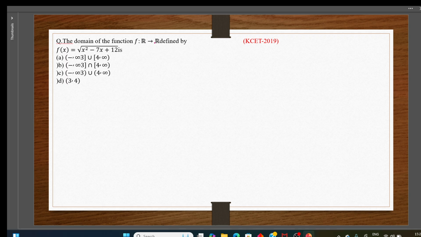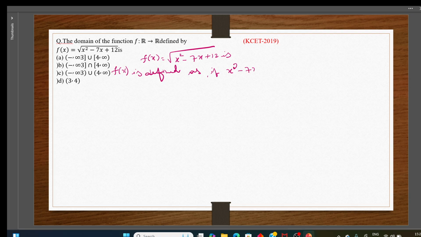F from real numbers to real numbers defined by f of x is equals to square root of x square minus 7x plus 12. So this f of x is defined as square root of x square minus 7x plus 12, considered as greater than or equals to 0.